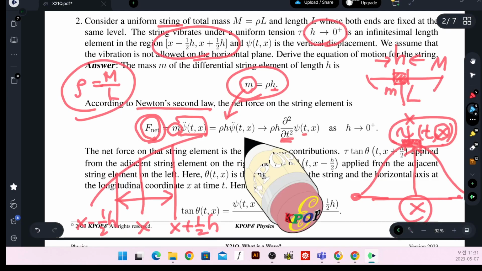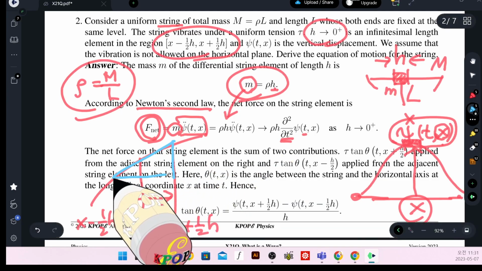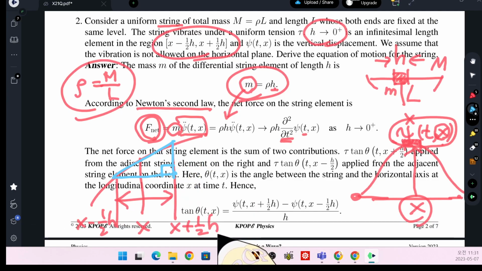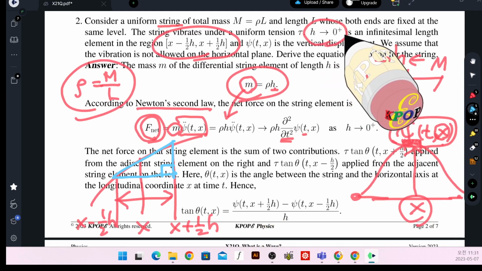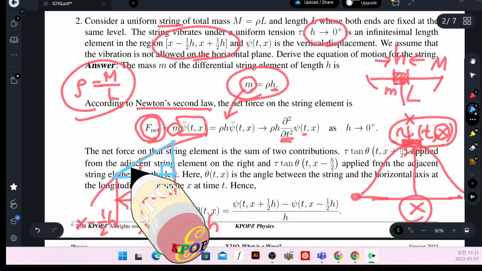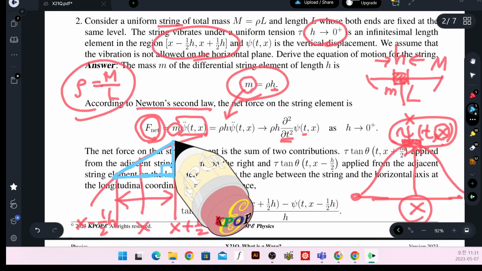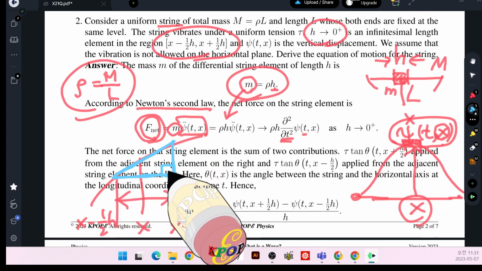We find a slope of this curve in the limit as h goes to 0 plus, then it can be approximated as a straight line, and we construct a right triangle.